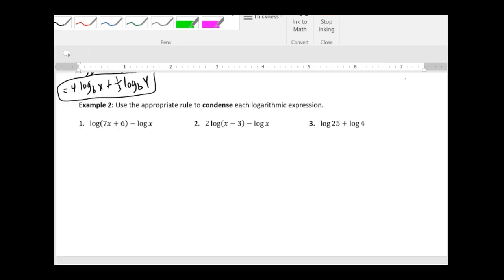Example 2: use the appropriate rule to condense each logarithm. So here we want to combine these two logarithms into one using the properties. If you notice here, we're subtracting, and so we can combine these with the quotient rule. So this would be log of 7x plus 6 divided by x.